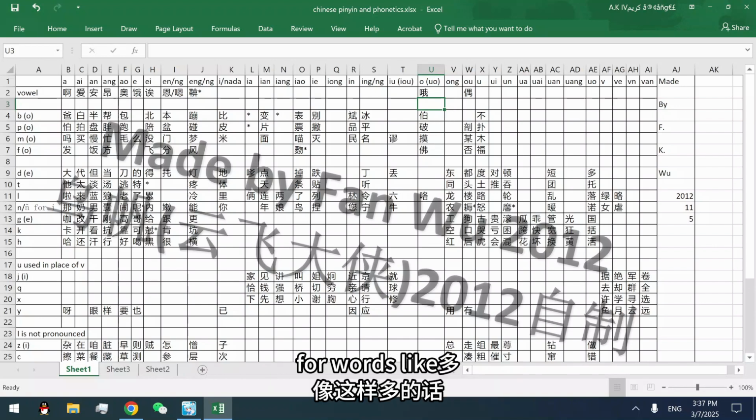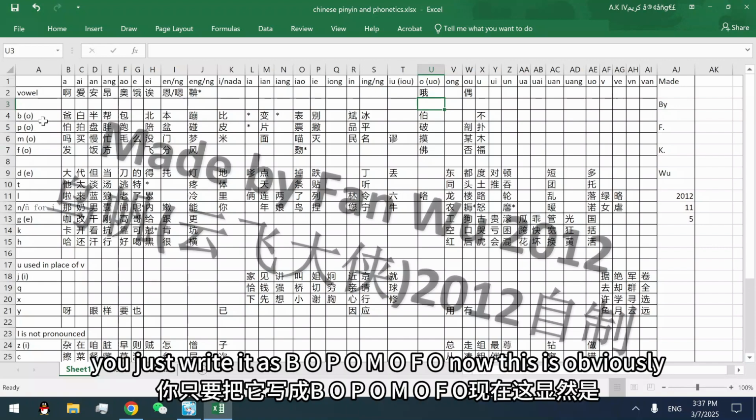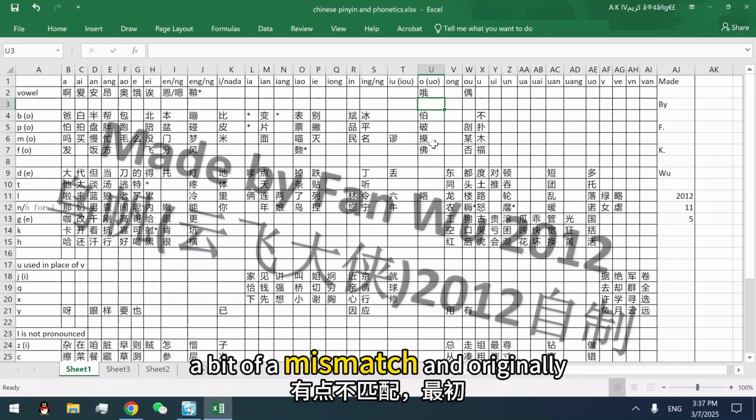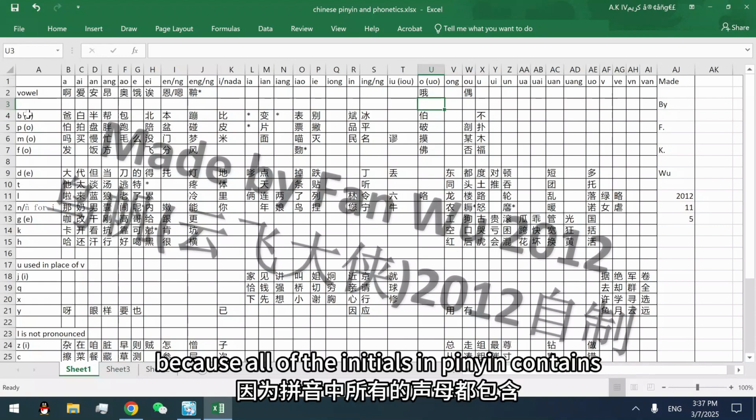So for words like duo, tuo, luo, nuo, guo, kuo, and huo, you write these as D-U-O, T-U-O, L-U-O, and so on. But for the first four, you just write it as B-O, P-O, M-O, F-O.